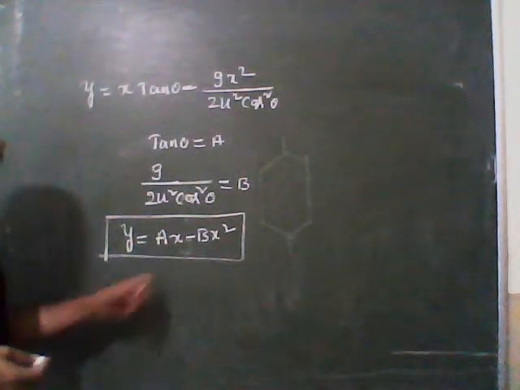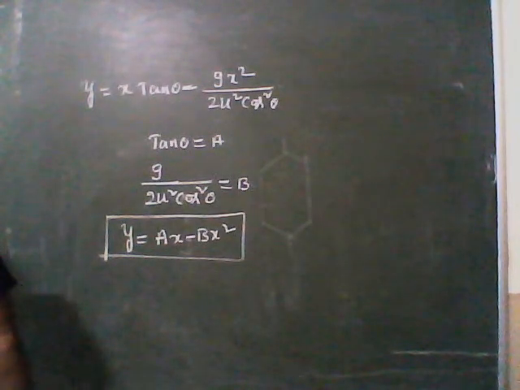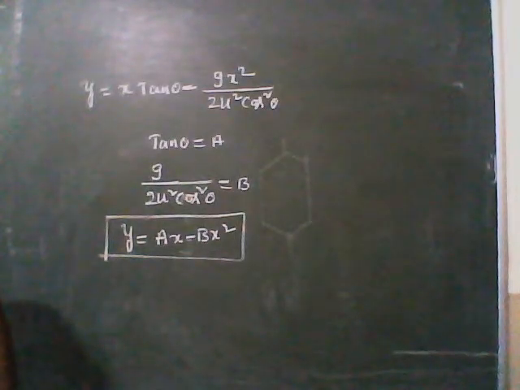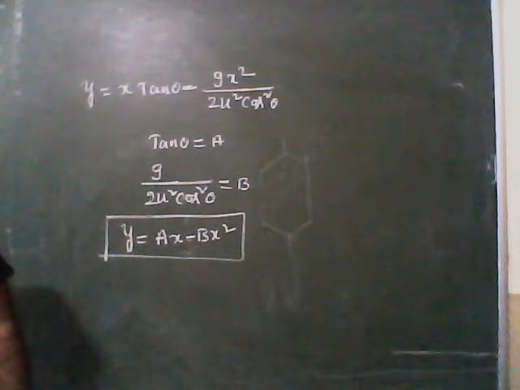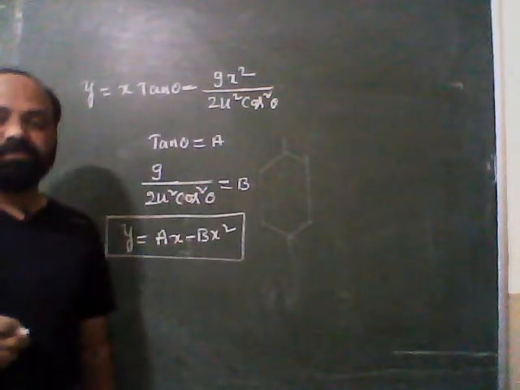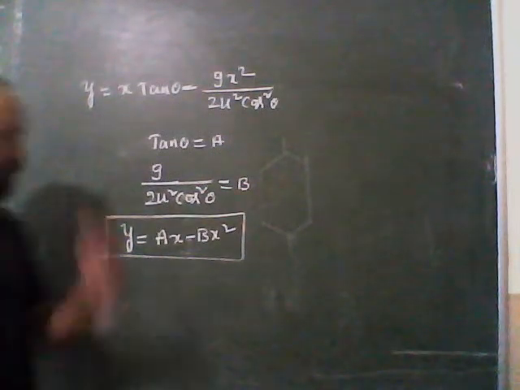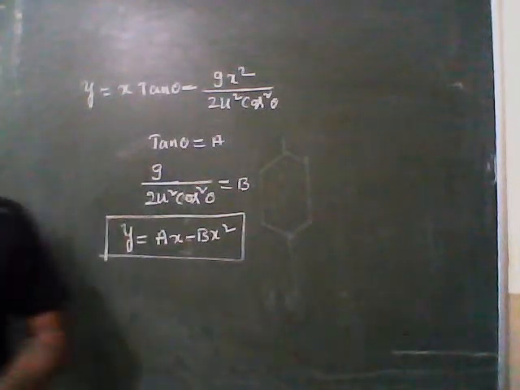Just write down this first: y equals ax minus bx square.